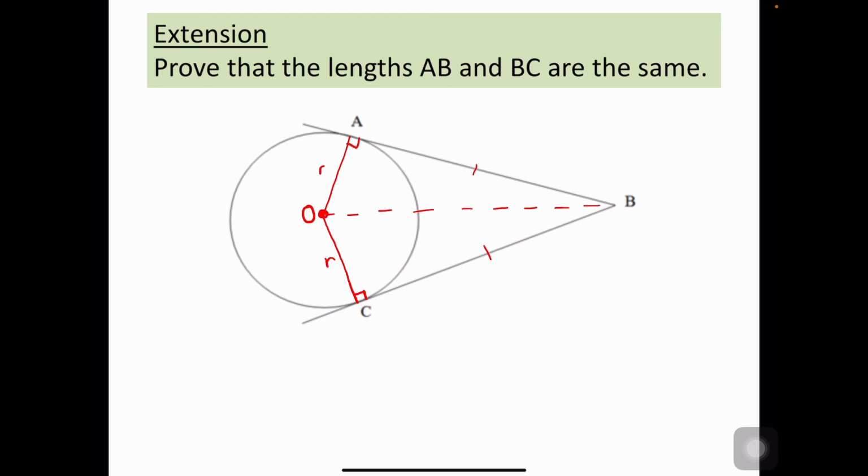The right angle triangles, let's say triangle ABO and triangle CBO. Well, these are congruent. Why are they congruent? Because AO is the same as CO. Both are radius.